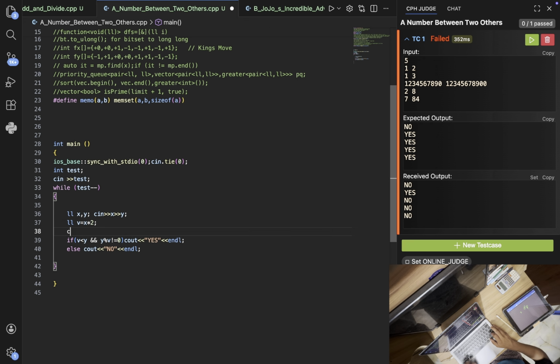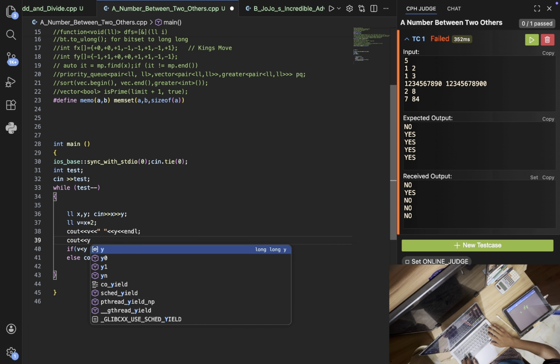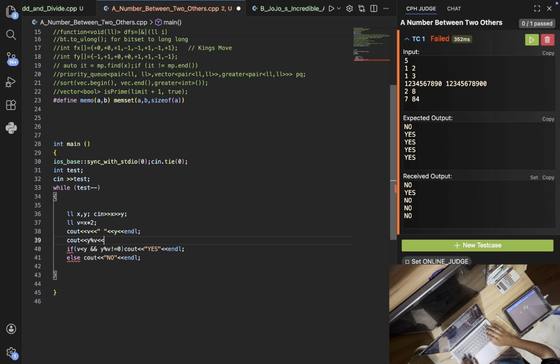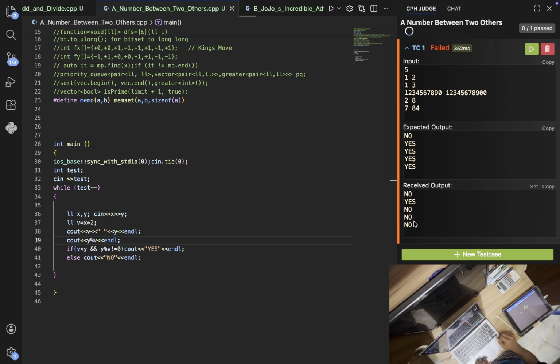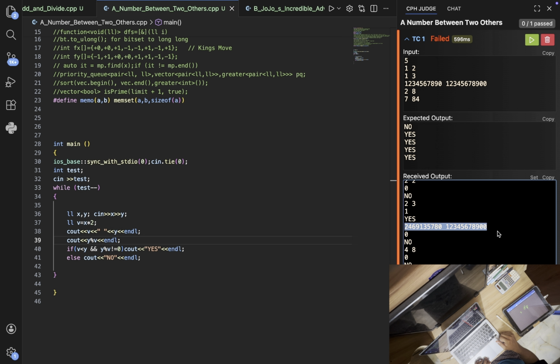So let's see. Some multiple. Let's say the value is y.